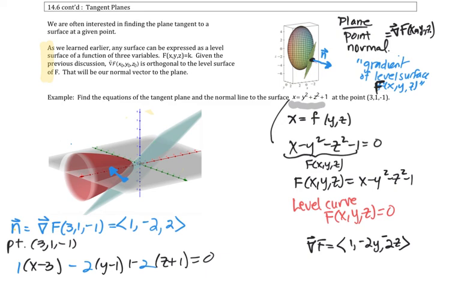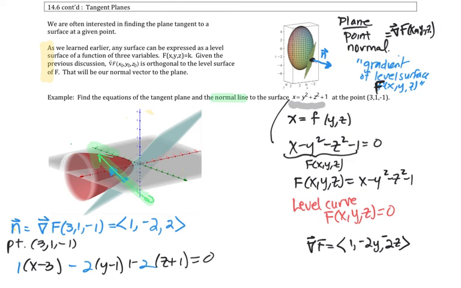Okay, one other concept here is this question here, normal line. All a normal line is, is a line that is orthogonal to the tangent plane at that point. So the normal line here would be, whoops, something like this.